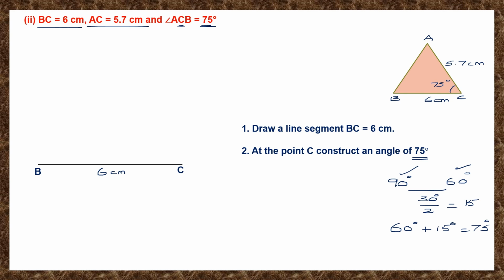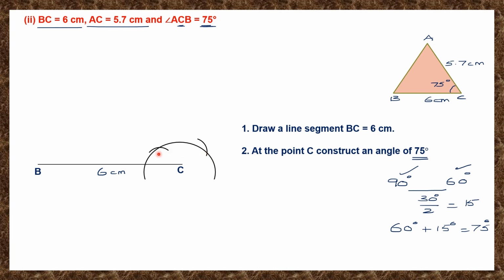First step, we have to construct an angle of 90 degrees at C. So how do we do that? First we draw an arc. Then place the needle of your compass here and cut an arc. So we have an arc cut here. Remember, the first arc that you cut is always 60 degrees. Now keeping it here, cut one more arc, same measurement, you'll have another arc here and this is 120 degrees.